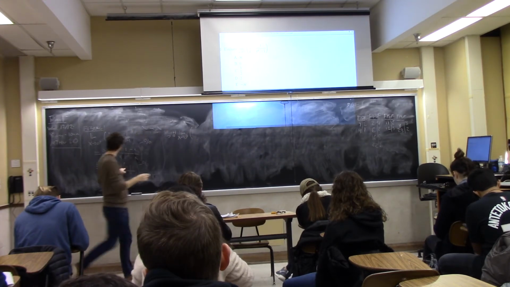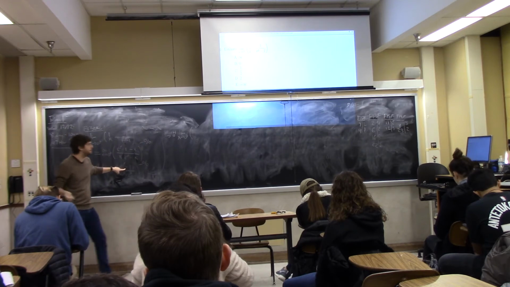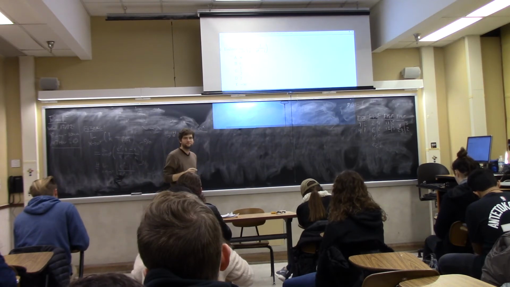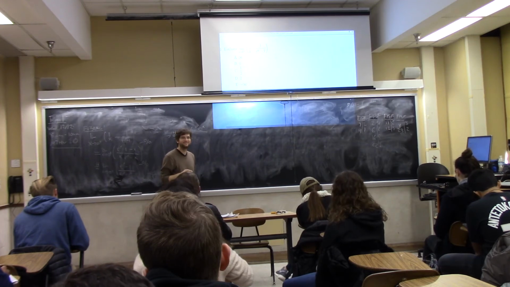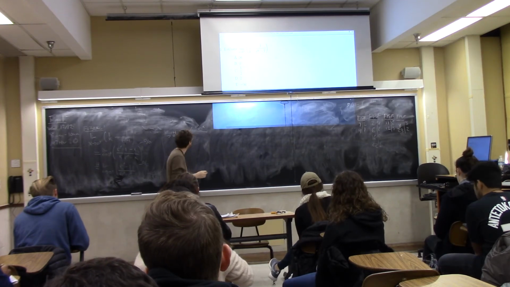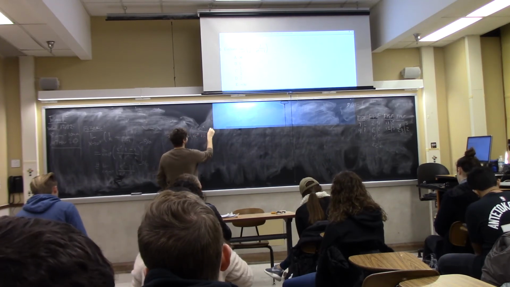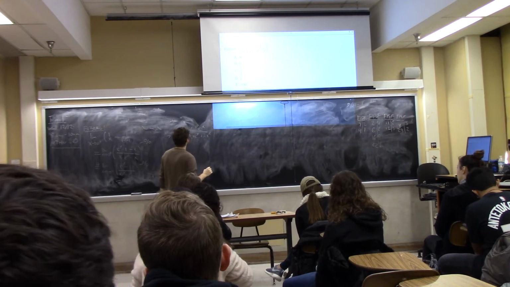So what's the derivative at the top? Yeah, now we just have an e to the x. And what's the derivative at the bottom? x e to the x plus 2 e to the x, because that minus 1 goes away.